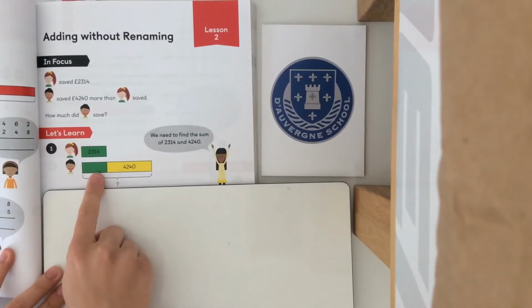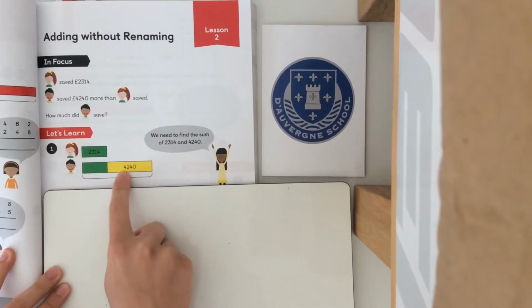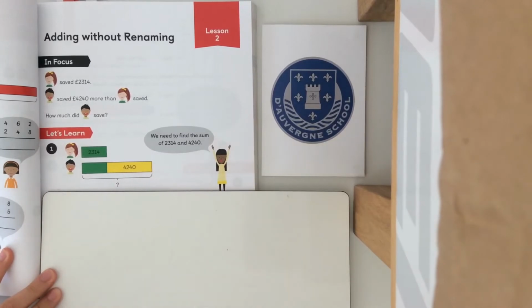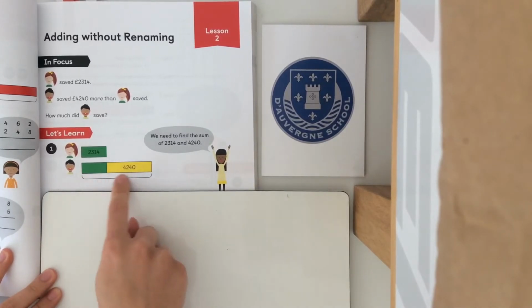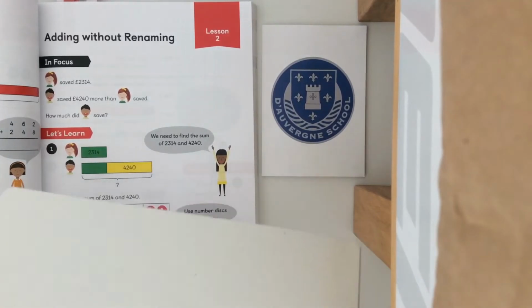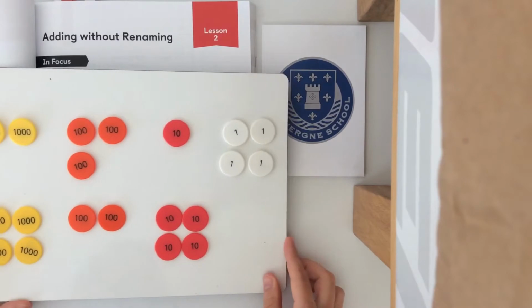Here the green represents 2,314 and the yellow represents 4,240. And then the question mark is the part we need to find out, which is the total of the two together.